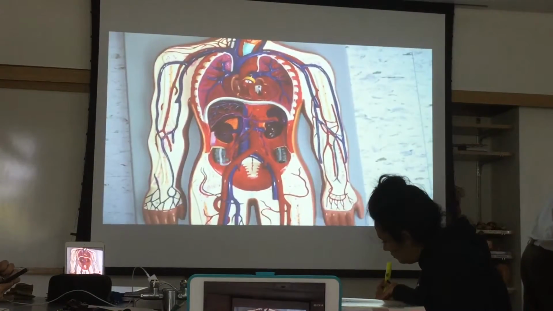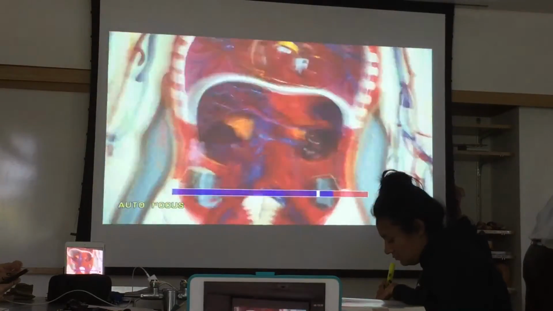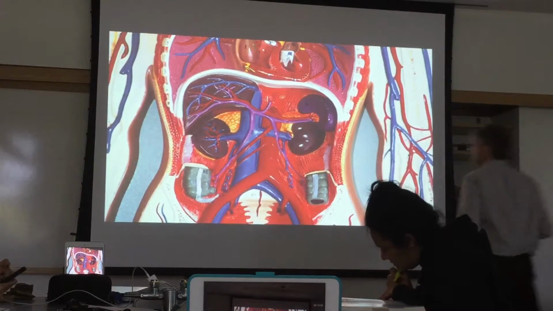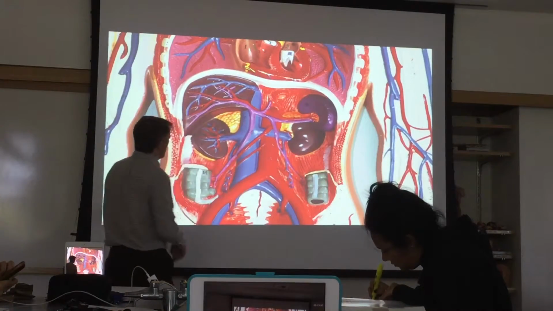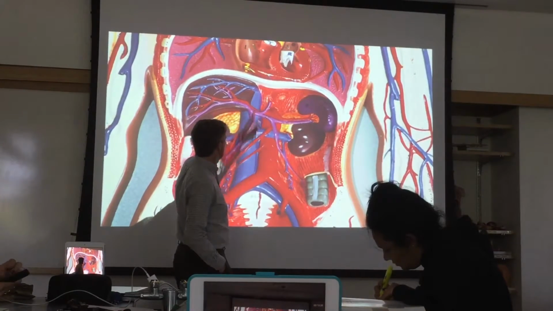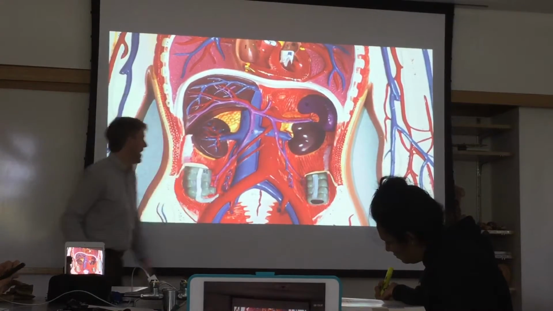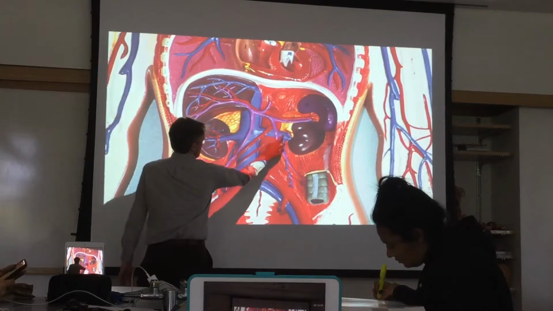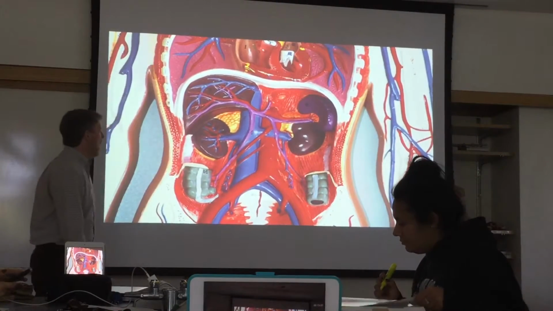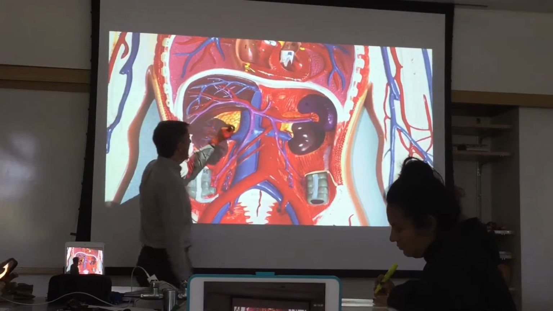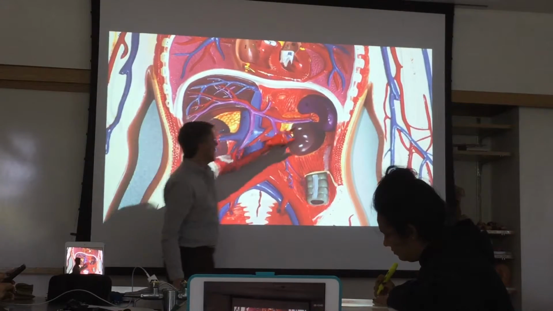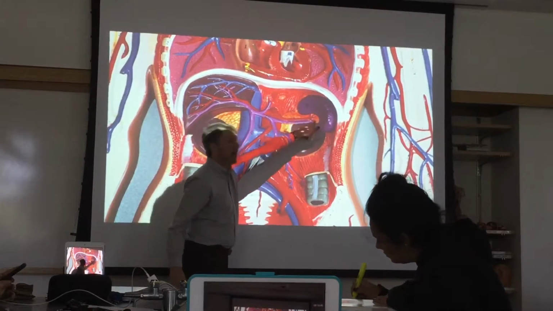Down in the abdominal cavity, then, what's this guy again? Inferior vena cava. Okay. What are these guys here on the sides? The renal veins. Good. What you also have here, anyone know what this vein is? That's the splenic vein.